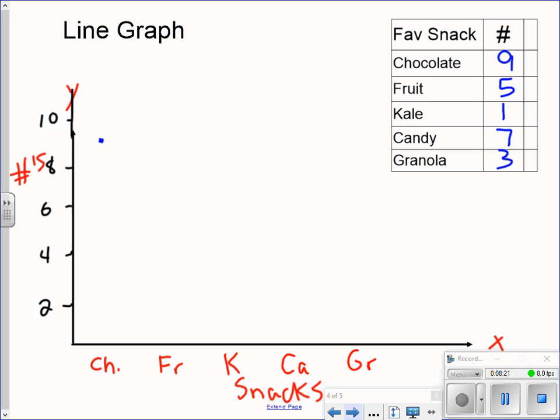Fruit is at 5. Kale is at 1. I wonder who that one person would be. Candy is at 7. And granola is at 3. So our line graph goes like this, up and down. How spectacular is that?